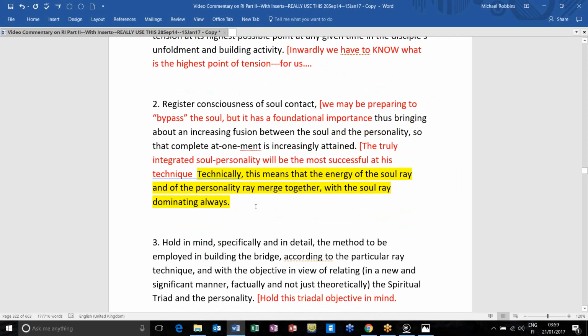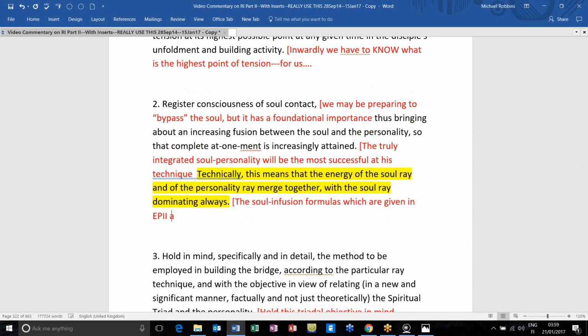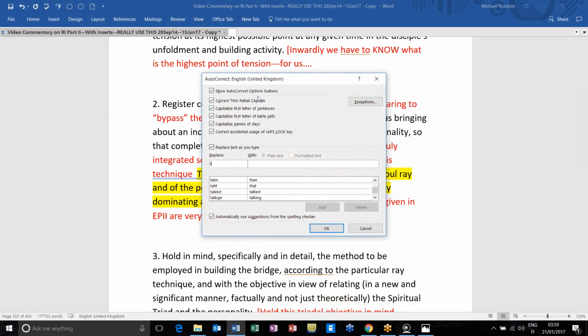So, you know, we might even say the soul infusion formulas, which are given in EP2, are very important here, and the integration techniques also. And if technique is TQ, then the plural is TQS. Okay.